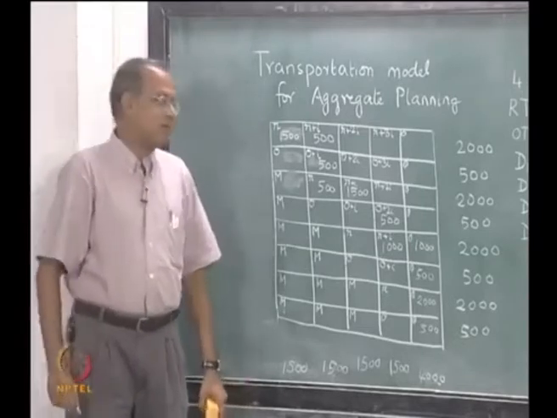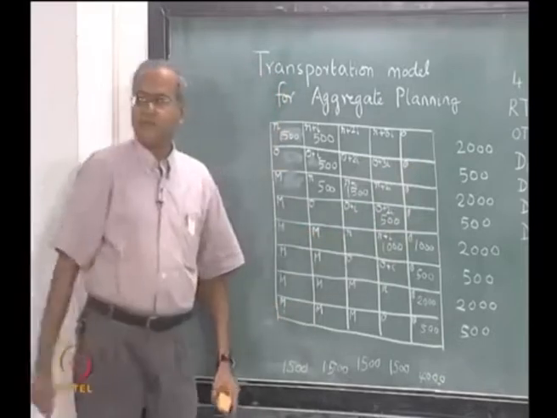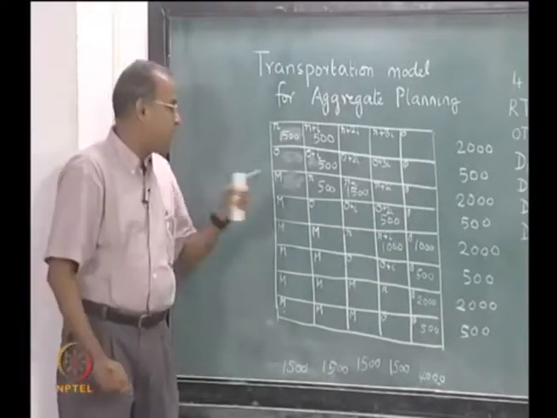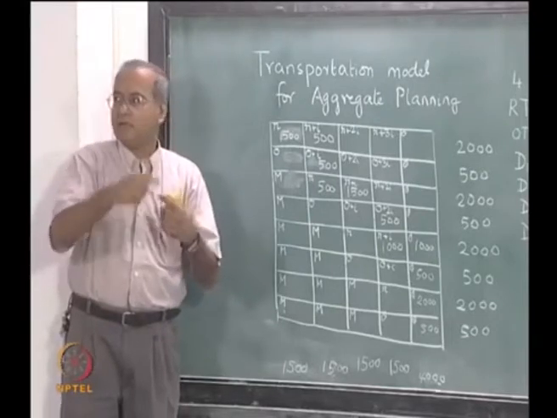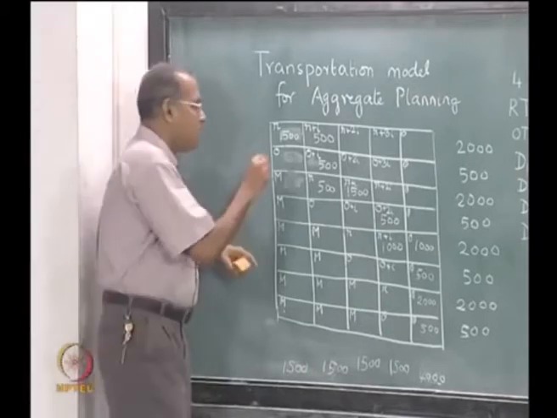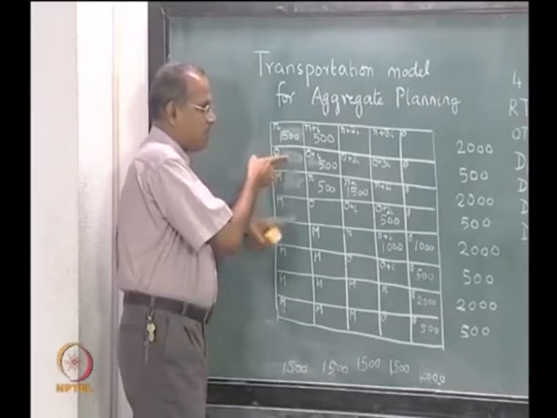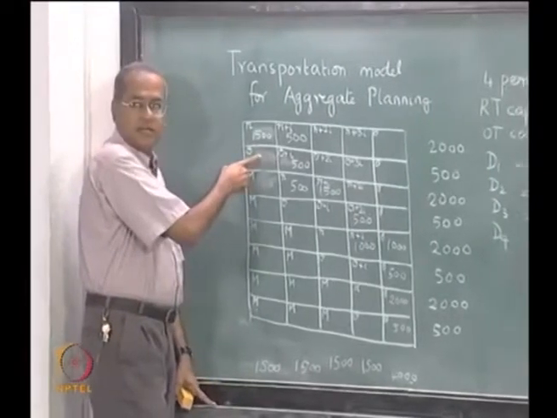So, stepping stone method will take each one of these blank positions and it will try and enter a +1 or a theta to see whether there is a gain in the cost. For example, this is a position which does not have any allocation right now.